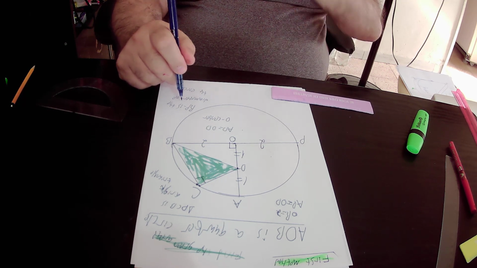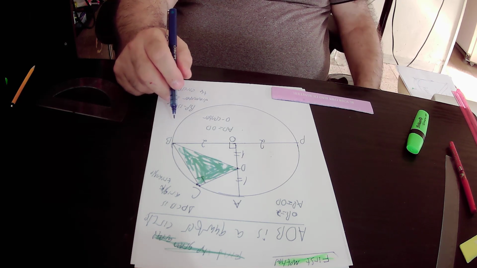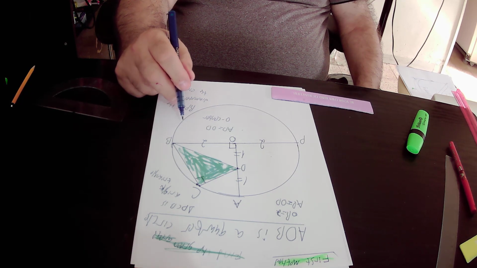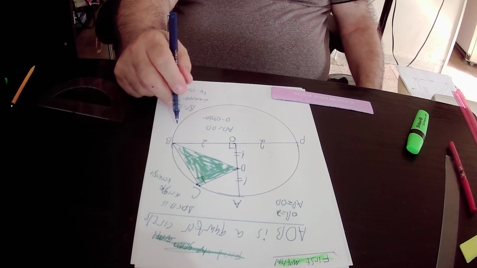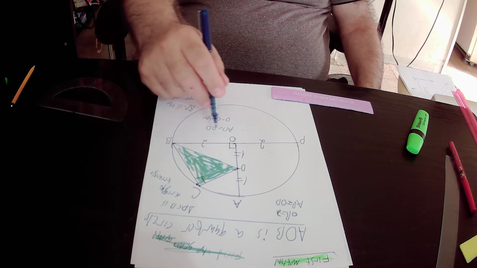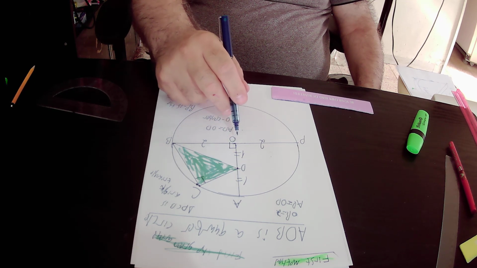And as I already mentioned, BP is the diameter of a circle and is absolutely a straight line, and we know that the sum of the angles on one side of a straight line is equal to 180 degrees. So if we focus on the upper side of the straight line BP at point O, the sum of the angles here must be equal to 180 degrees.